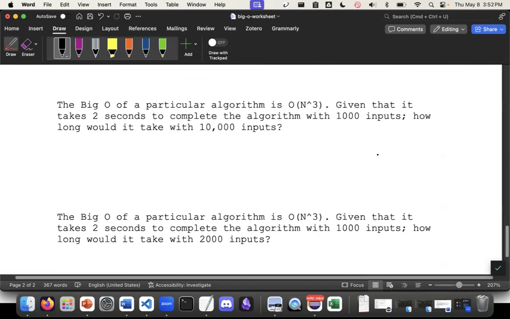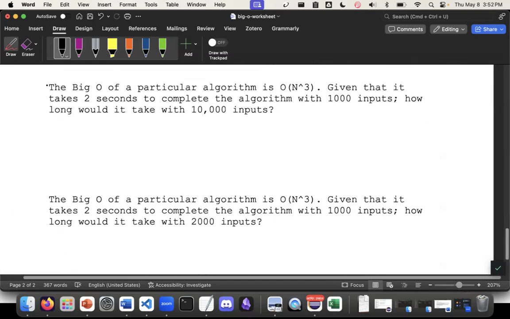And then from there, there are two additional questions: the big O of some algorithm is this, and if it takes this many seconds with this amount of input, how long does it take for this amount of input? So this is going to be just algebra. So take a stab at this, and if we've got questions, then I'm happy to go over it.